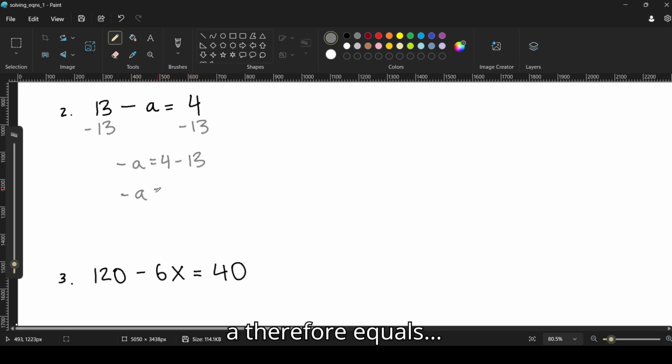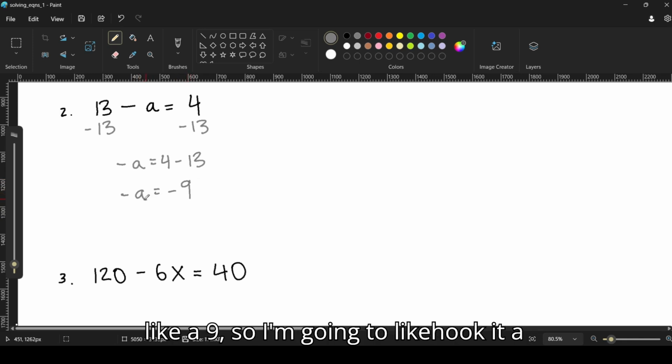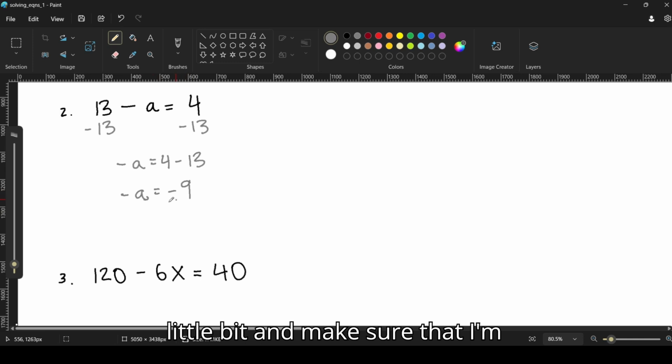Negative a therefore equals, this is going to be negative 9. Now be careful, because this a kind of looks like a 9. So I'm going to hook it a little bit, make sure that I'm distinguishing. And then, while this a is still not on its own, what I want to do is make it positive so I can get what a is.